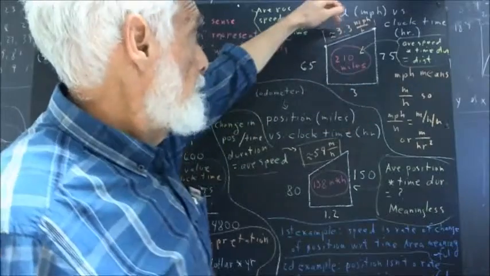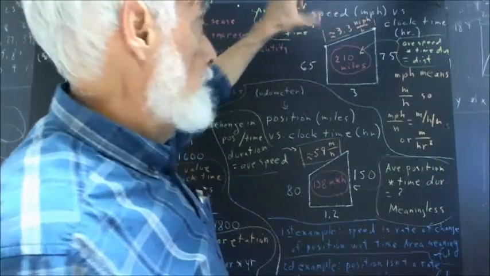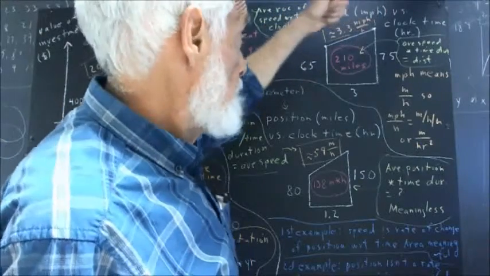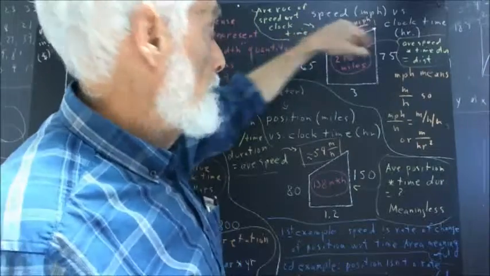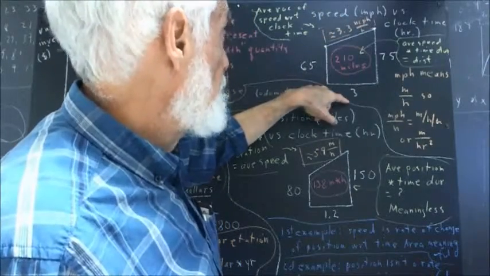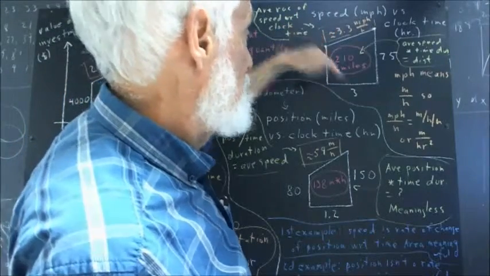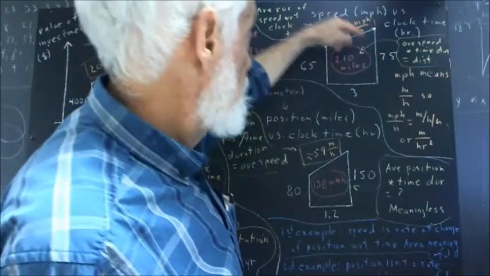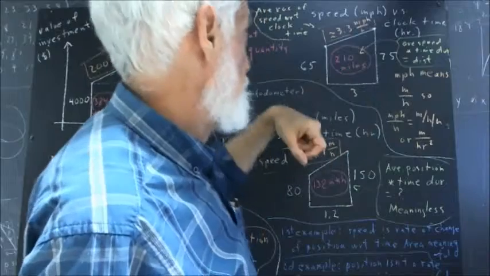Then the 3.3 mile per hour average rate of change of speed would still be the average rate of change of speed, but it really isn't indicative of much of anything that happened for most of that 3 hours. Had we all of a sudden hit our brakes for the last 10 seconds, we could have gone down to 50 miles an hour here, which would have given us a negative rate of change.